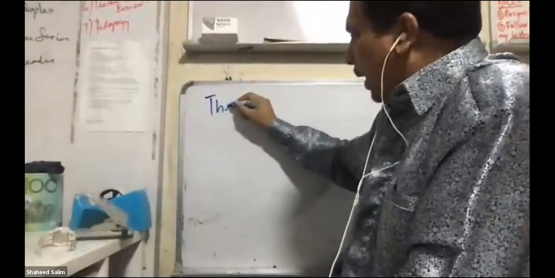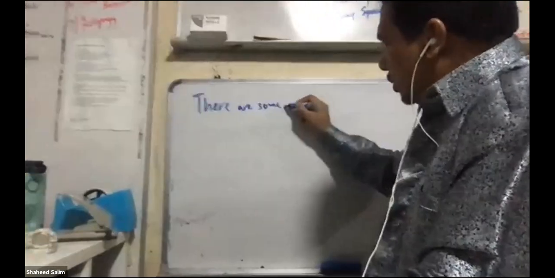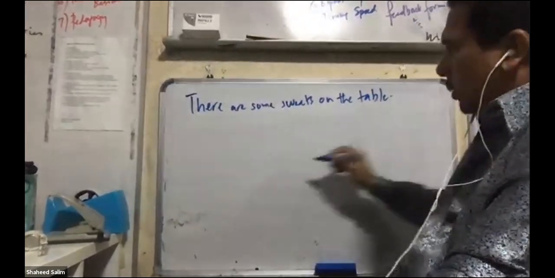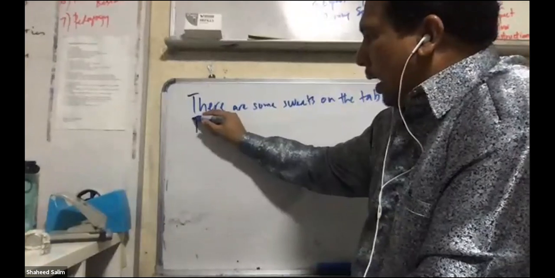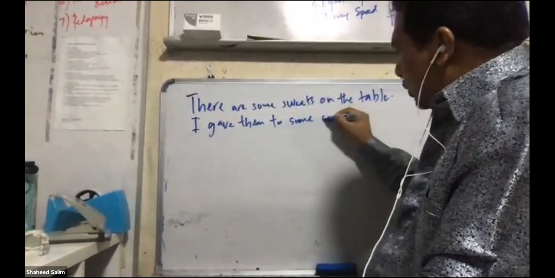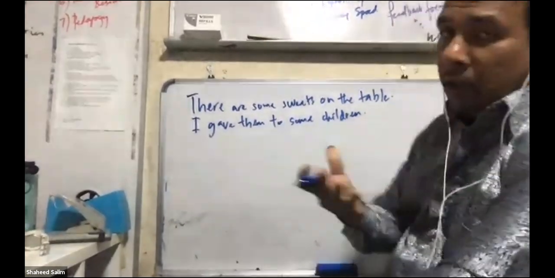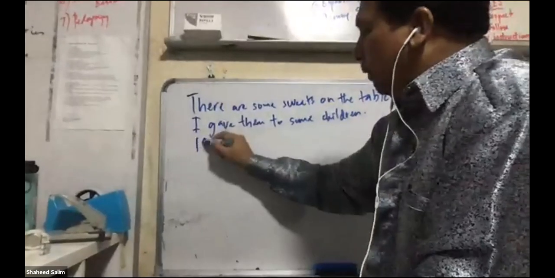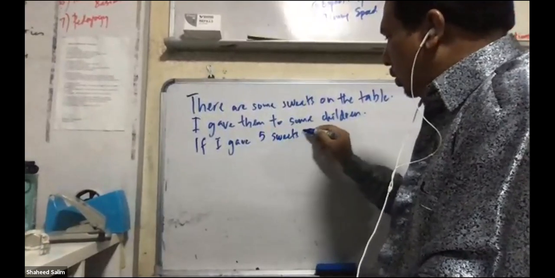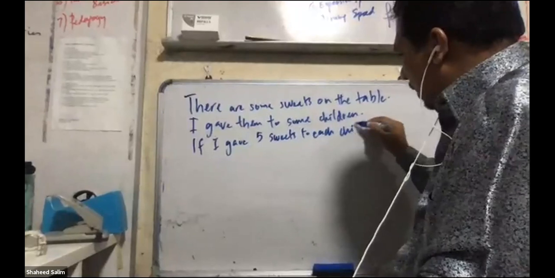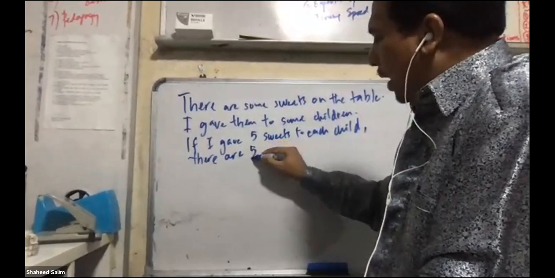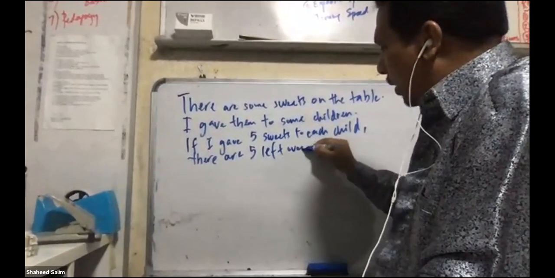Okay, there are some sweets on the table. I gave them to some children. How many children? I'm not telling you. But if I gave 5 sweets to each child, there are 5 leftover sweets.